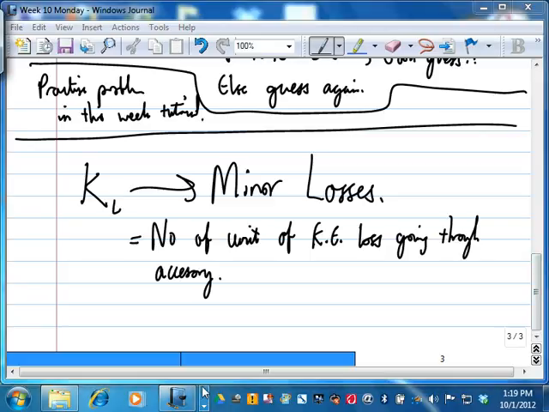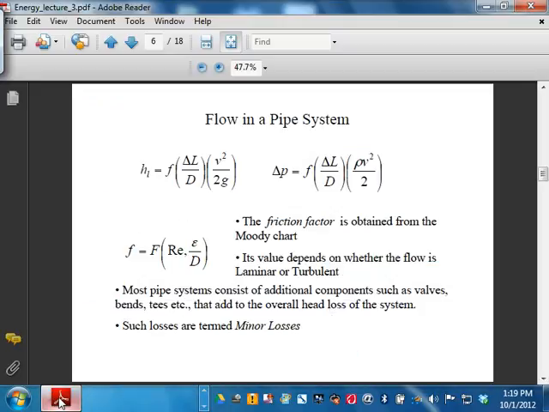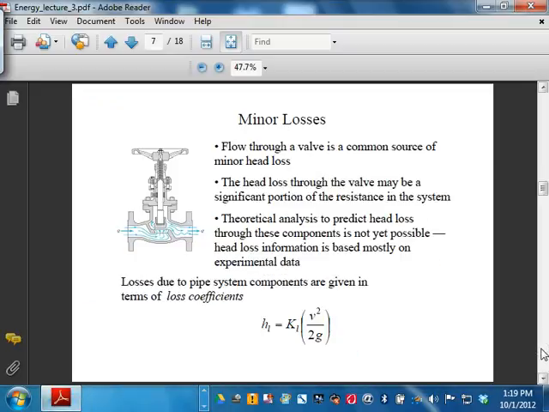Then I brought up here, hopefully it's here. Okay, so like a valve. This valve is special.